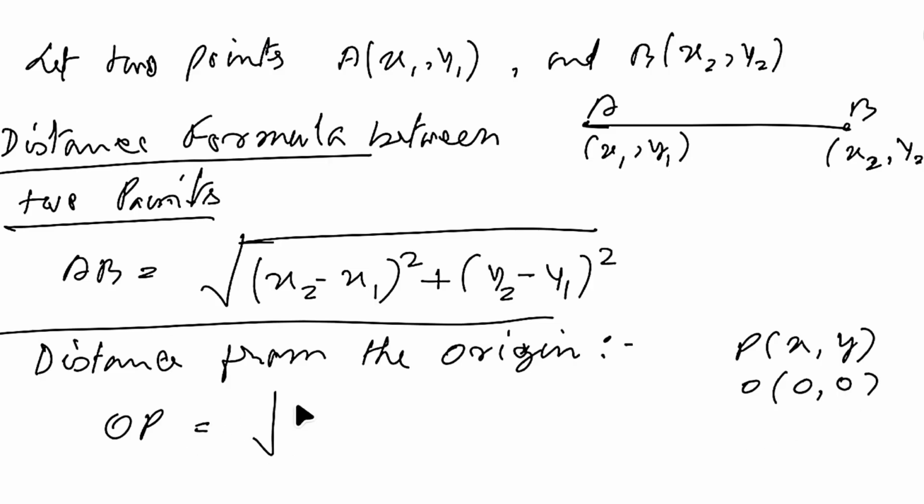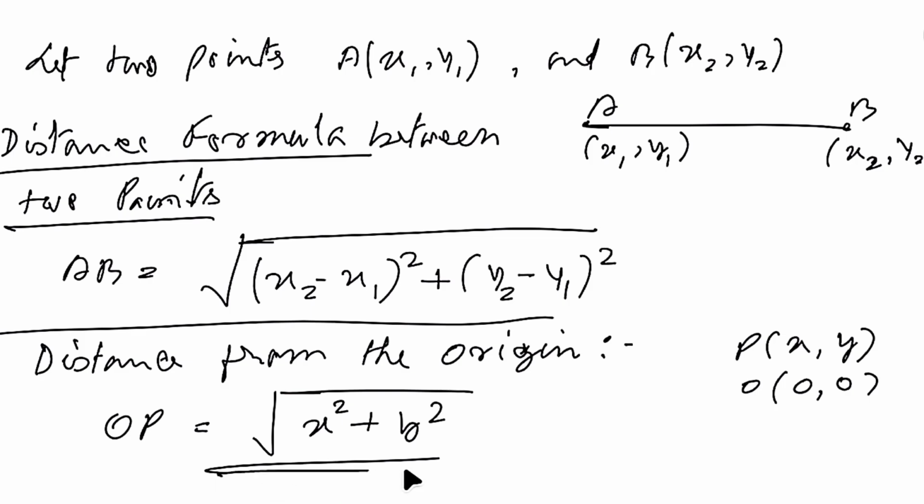Then OP equals root over x square plus y square. Just put the values of x and y, square them and find the value. You get the distance of the point P from the origin. I think the formulas are clear. Then next we start the chapter exercise.